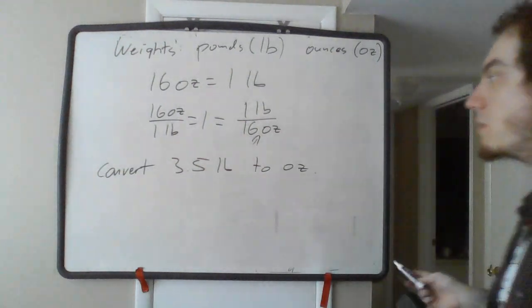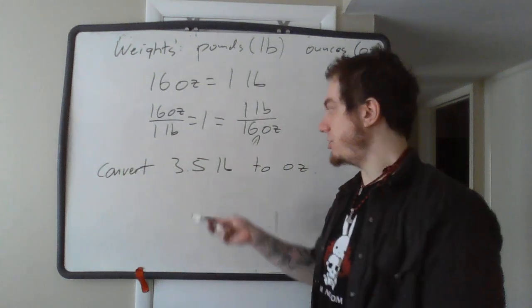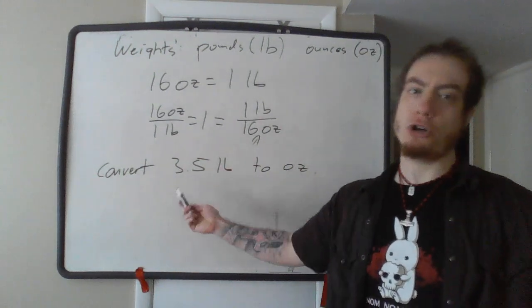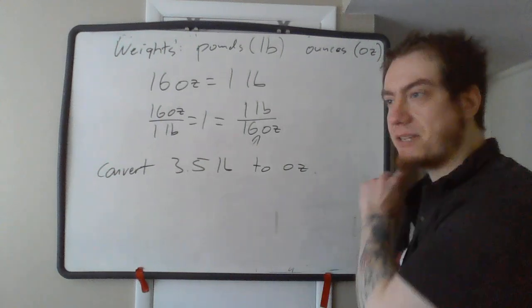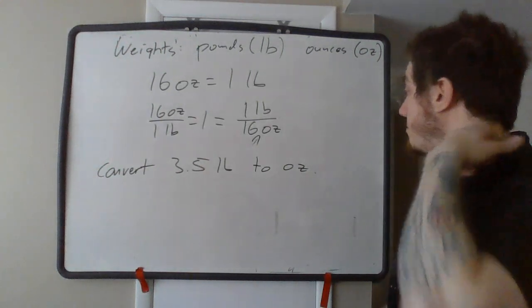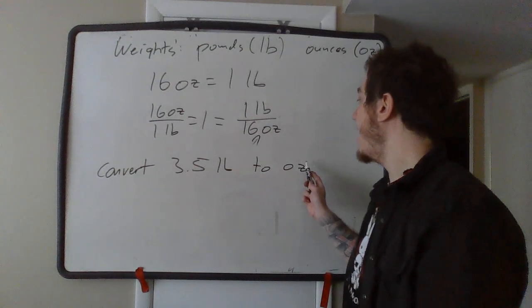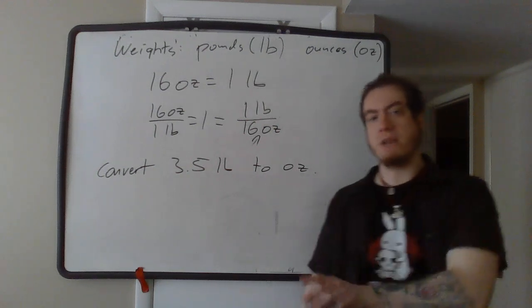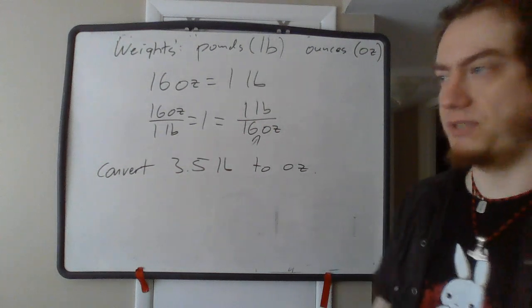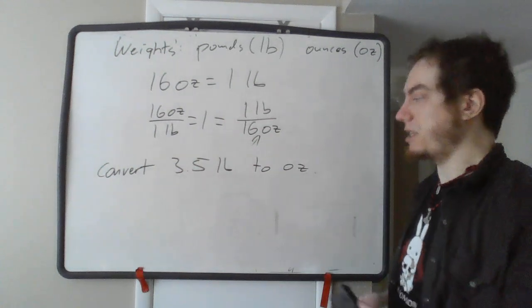This is the sort of thing where maybe a patient comes in, you know the weight of the patient because it's on the chart, but it's on the chart in pounds. It says 3.5 pounds. You need to figure out how much medicine to give this animal. Well, maybe the medicine tells you how much medicine in terms of the ounces of the animal. So you need to figure out, how do I get the weight of the patient from pounds into ounces? I made that sound really complicated, but as we'll see, it's really not that complicated.